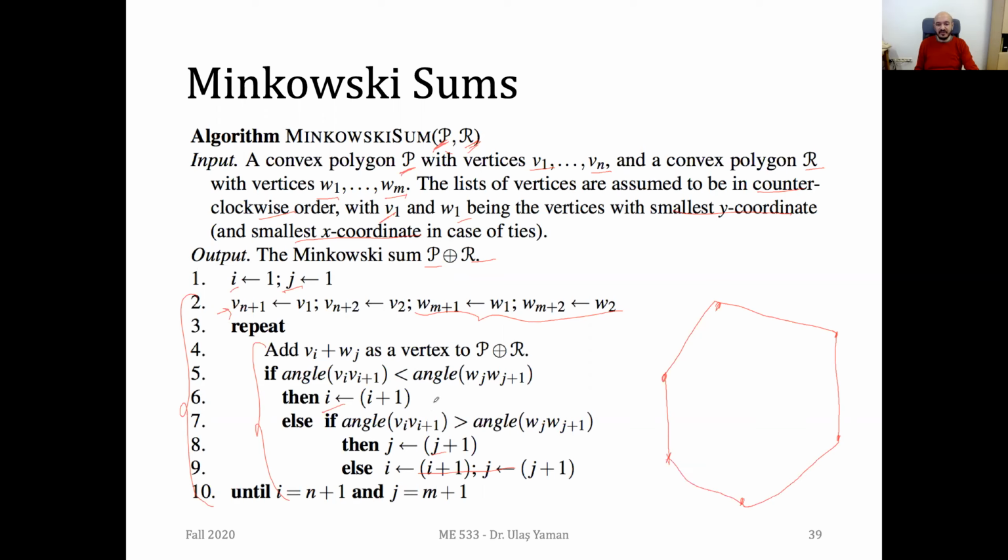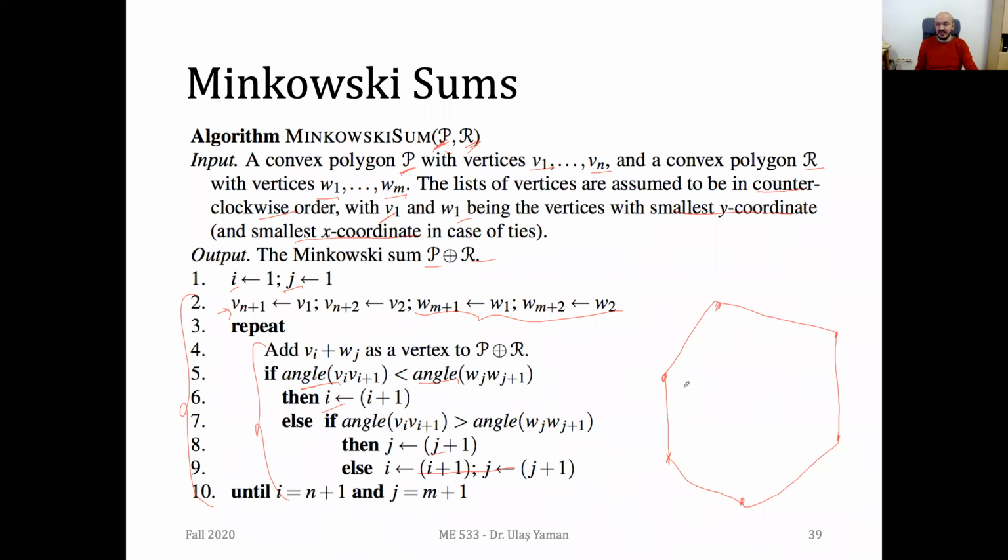That's why we make use of the vertices in the extreme directions, and we check the angles all the time, depending on whether I is larger or J is larger, which means that P or R has some extreme values in that direction. We do the summation accordingly and store the resulting vertices into our Minkowski sum.